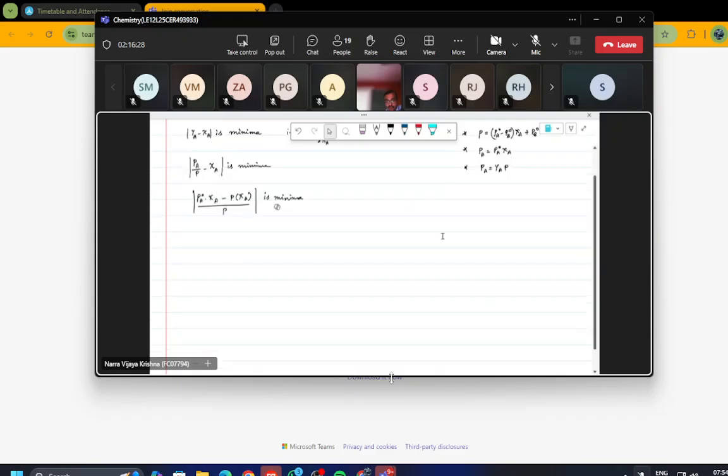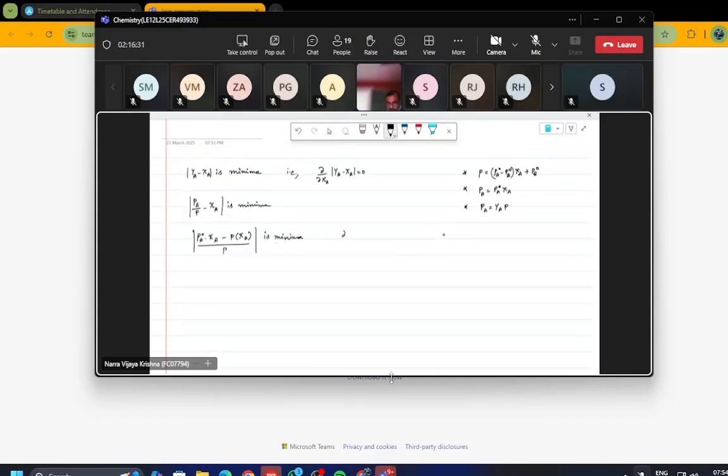Means dou by dou Xa of Pa naught Xa minus Pa naught minus Pb naught into Xa plus Pb naught into Xa, upon Pa naught minus Pb naught into Xa plus Pb naught, equal to 0.